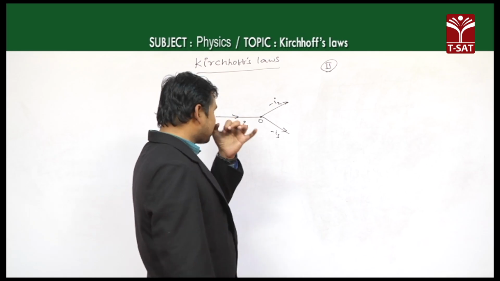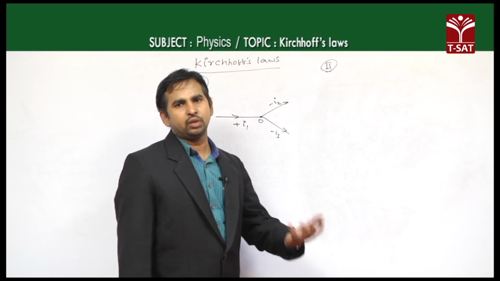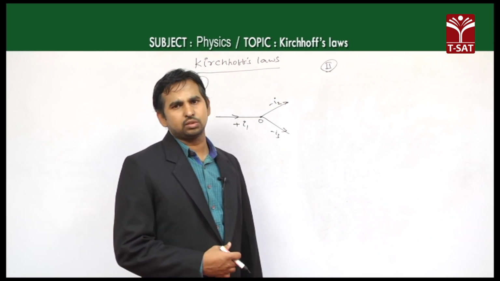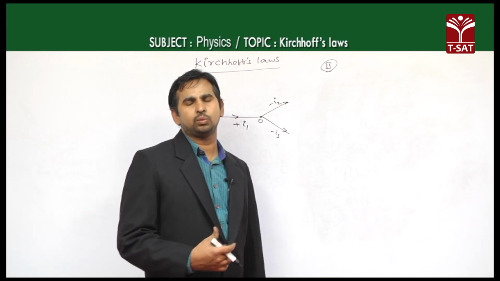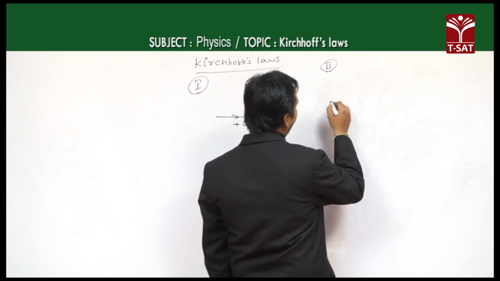And in the case of Kirchhoff's second law, the voltage law, very important: when you are going across an electronic component having a resistance, we mainly have to see whether you are moving in the direction of current.